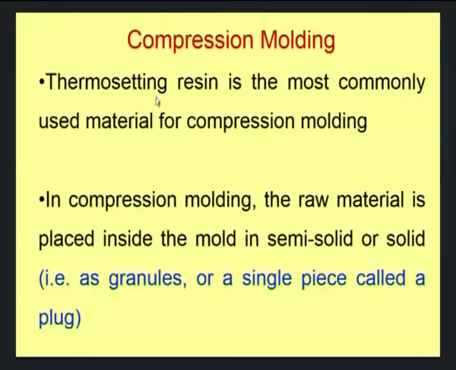First, compression molding. In compression molding, normally a thermosetting resin is used. In this, the raw material is placed inside the mold either in the semi-solid form or in the solid form, sometimes as granules or sometimes in the form of a plug. So, one can have the raw material in different forms.